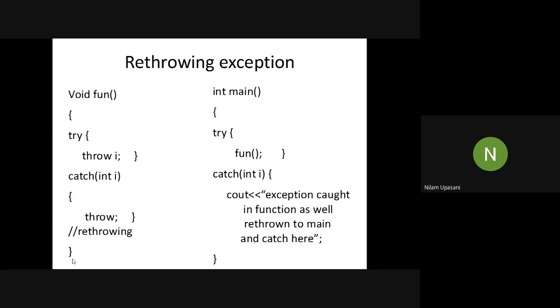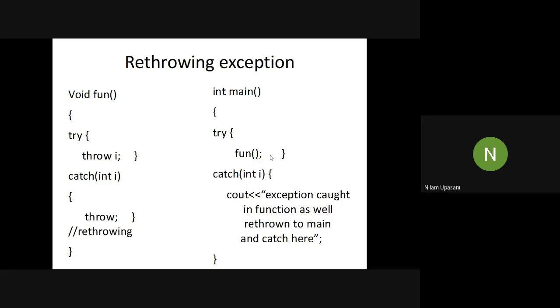This cout, right? Now, see, if this throw is not there, that means the compiler will understand that this exception is already handled here. So it will end properly at catch, and after catch, whatever statements are there, all those statements will be executed. Then there is the end of this function. Control goes back to this place from where the function was called.